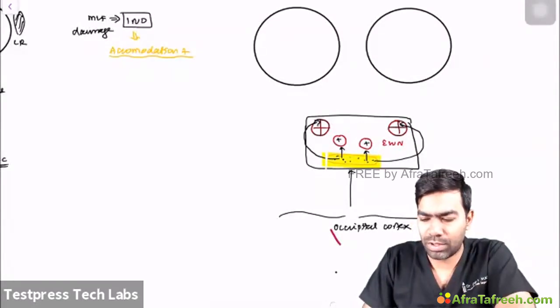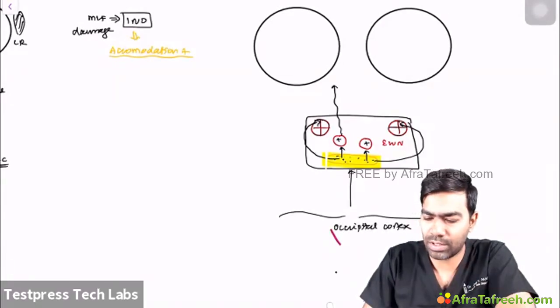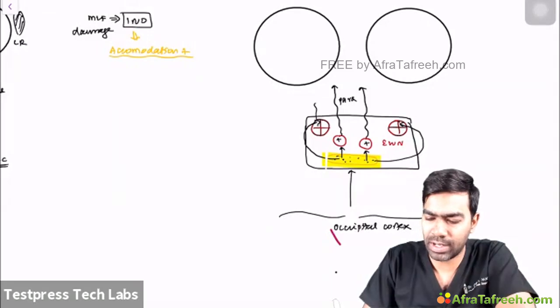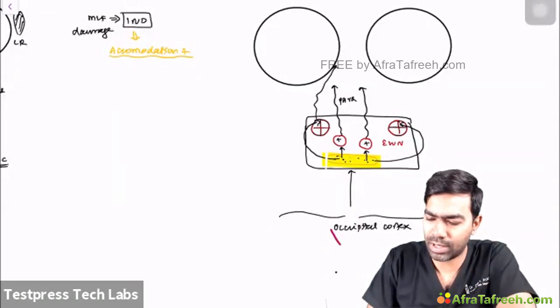Through this simplified pathway, first, through the Edinger-Westphal nucleus, you are going to have parasympathetic stimulation. At the same time, through the medial rectus subnucleus, you are going to stimulate the medial rectus on both sides as well.